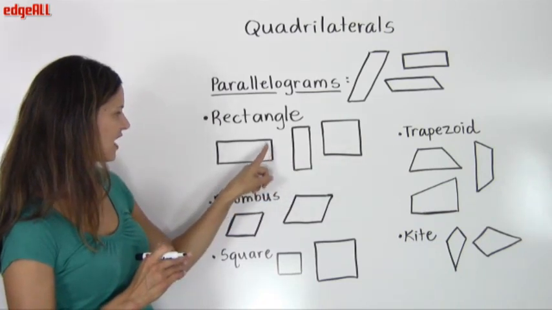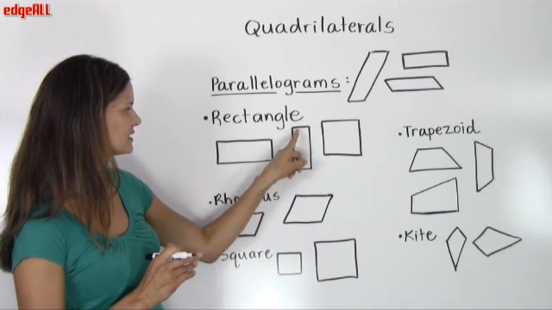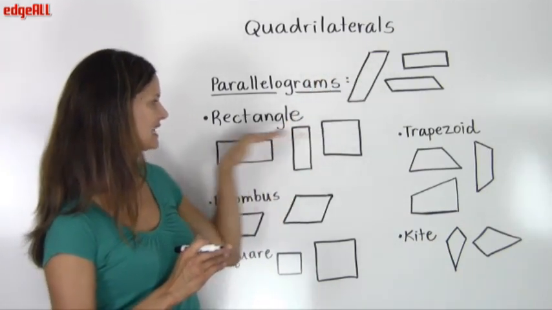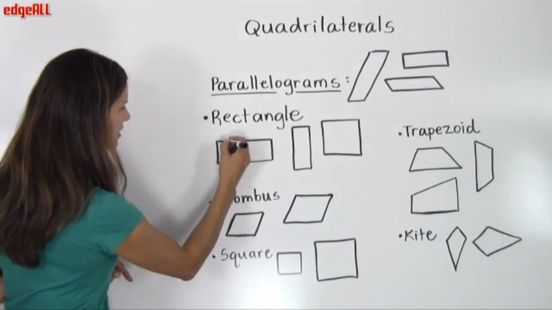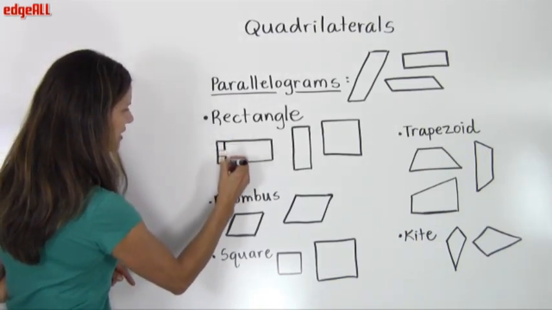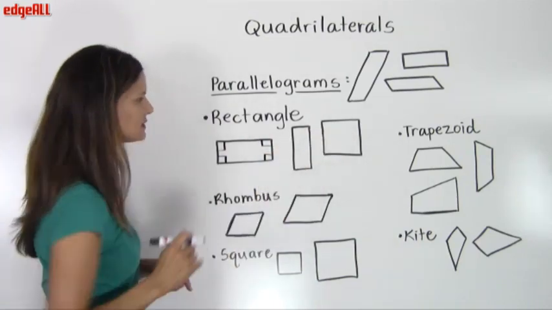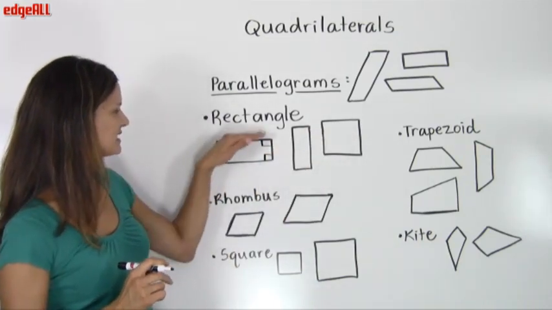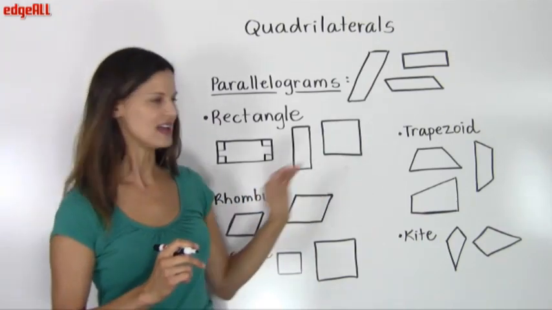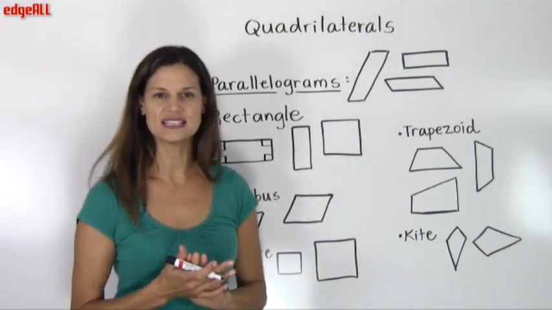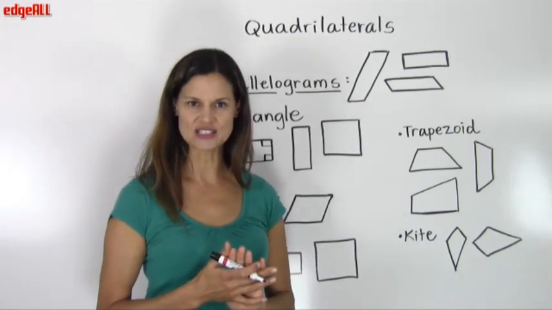You can see that all 4 of the angles are right angles, so I don't have any slanted lines in my rectangles. Sometimes you'll see those right angles with the little squares marking them in the corners, and sometimes you won't. But this is a rectangle, this one too, and this one's a rectangle as well. So a rectangle is a parallelogram with 4 90-degree angles.